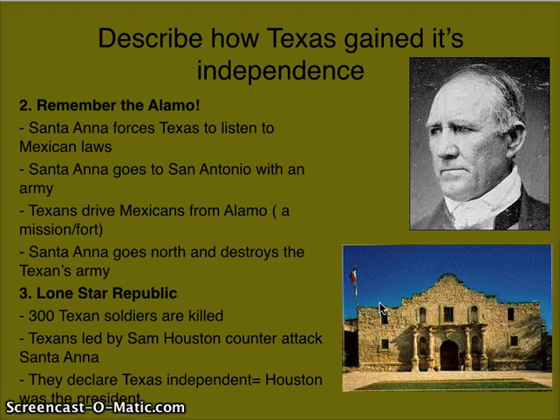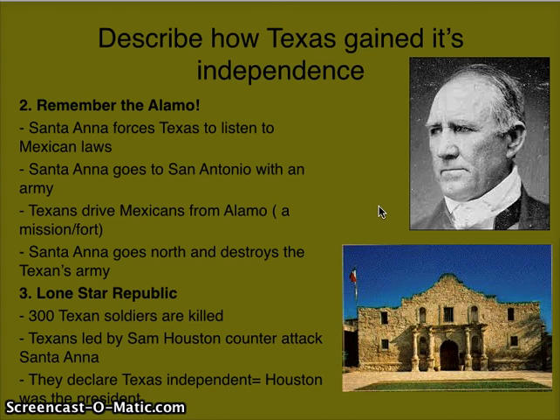Santa Anna then goes to San Antonio, which is a small city in the Texas area, and he's going there with an army of 4,000 soldiers. We have sort of a counterattack by Austin and his troops. So many Texans are trying to drive the Mexicans out, and they drive them all the way to the Alamo.